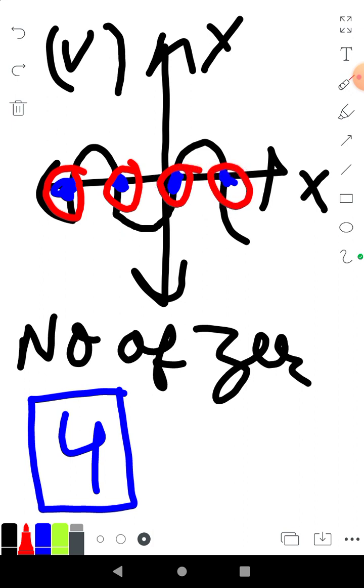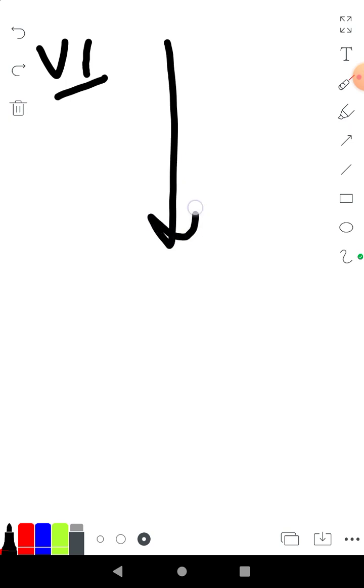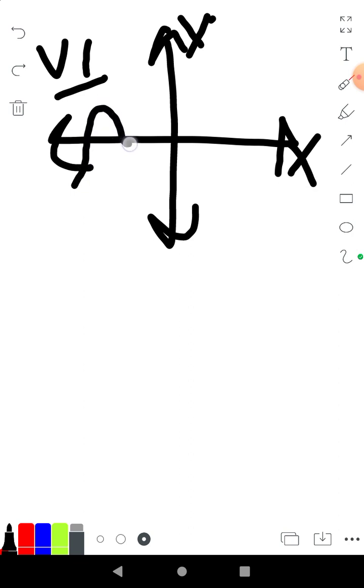Now let's do the sixth part of this question. So the sixth part is, the graph is in the form like this. This is the y-axis, this is the x-axis, and the graph goes here, it touches over here, it again goes up, it comes and here.